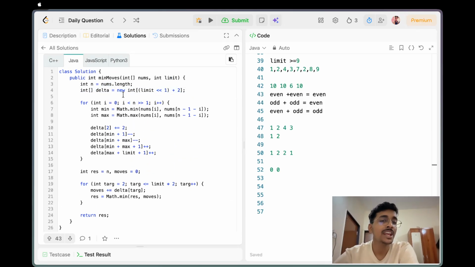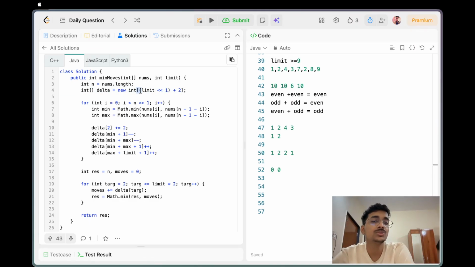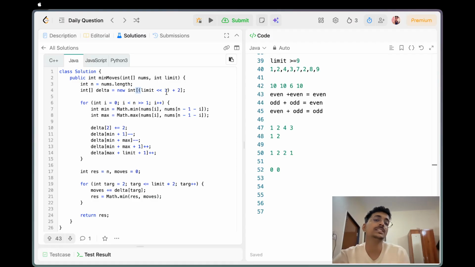The delta array. Delta array of size 2 times the limit, and then plus 2.